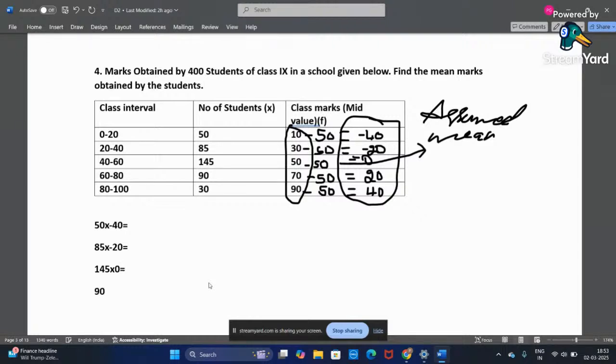Then 90 into 20. Then 30 into 40. Don't get confused. We are multiplying these f values with these deviation values.